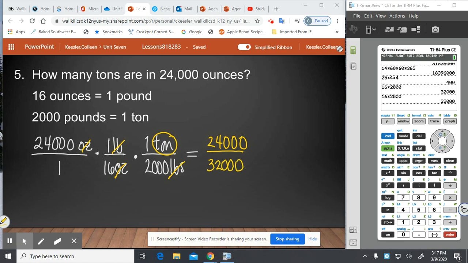And we can divide 24,000 by 32,000, or just 24 divided by 32, because the zeros would cancel out, and we get 0.75. Our final answer we wanted was tons. So 24,000 ounces is equivalent to 3/4 of a ton.